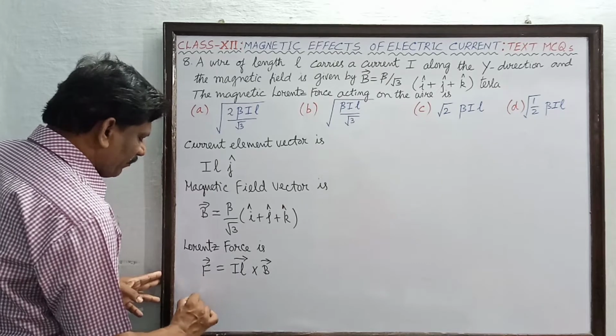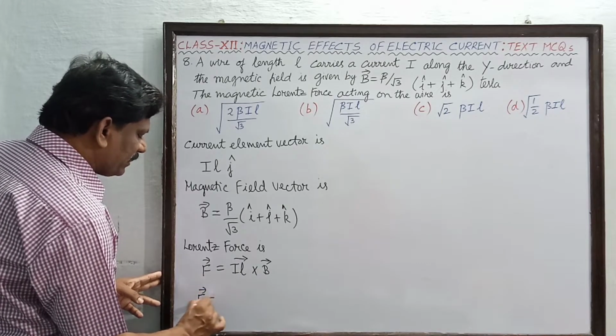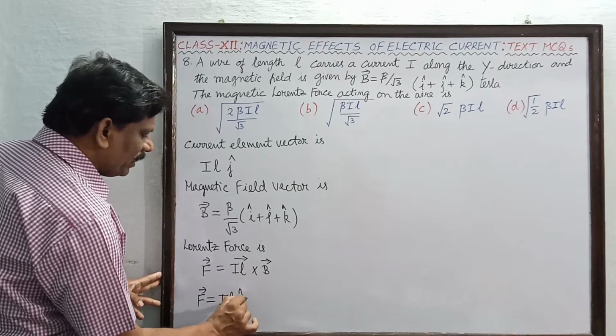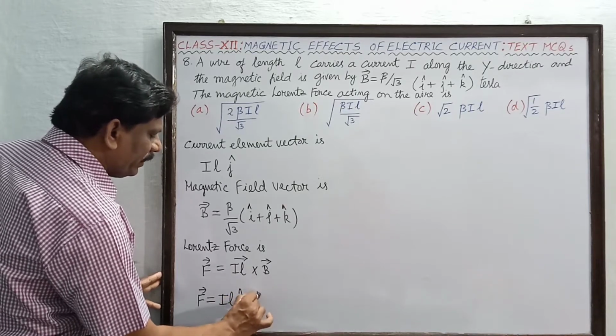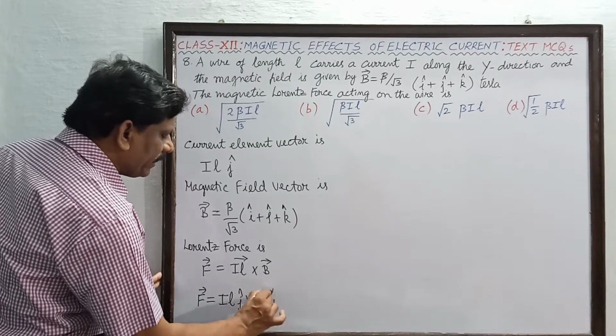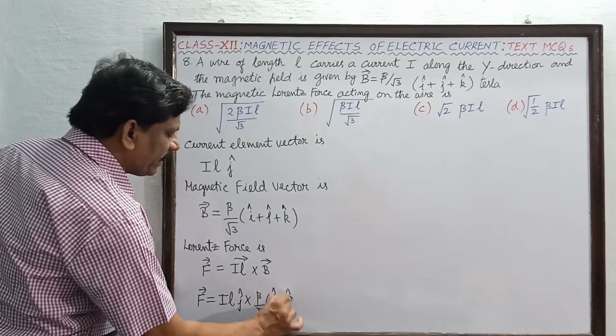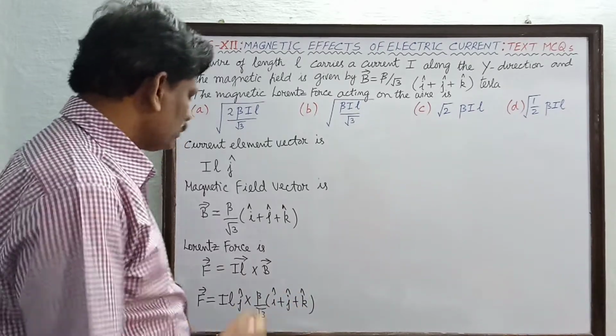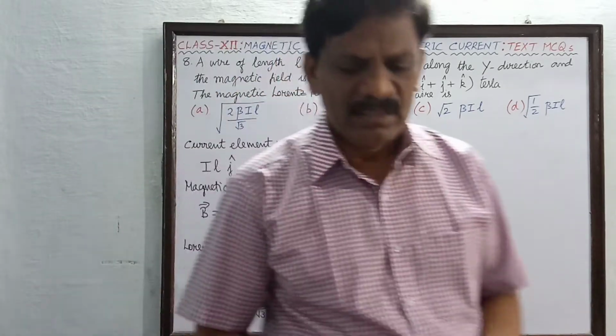So the force vector is equal to IL into j cap cross product beta divided by root 3 into i cap plus j cap plus k cap. So this is the first step.